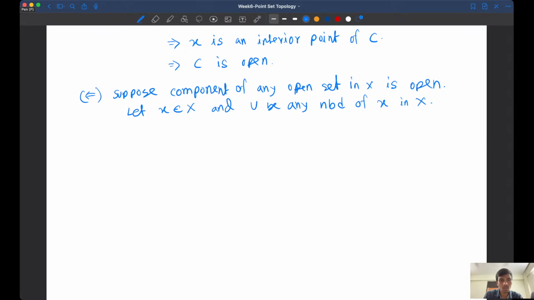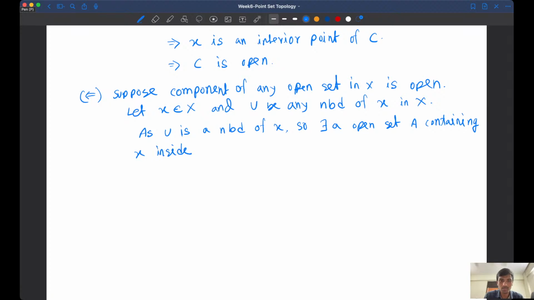So as U is a neighborhood of X, there exists an open set, let's say again A, open set A containing X inside U, that is, X belongs to A and A is contained in U, right?